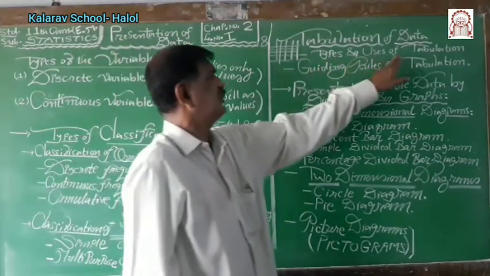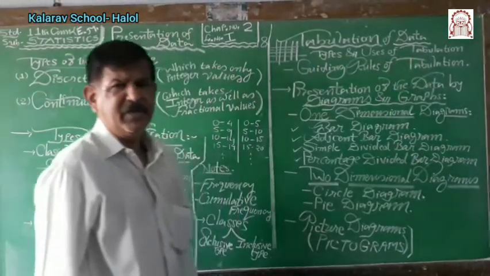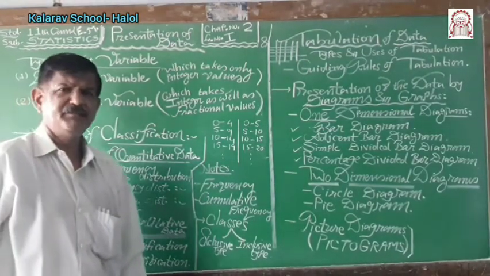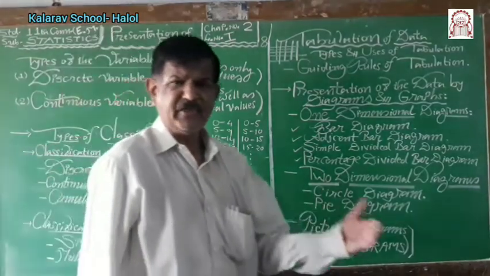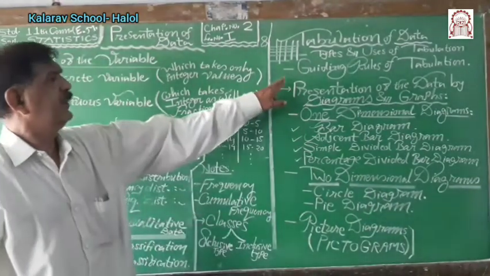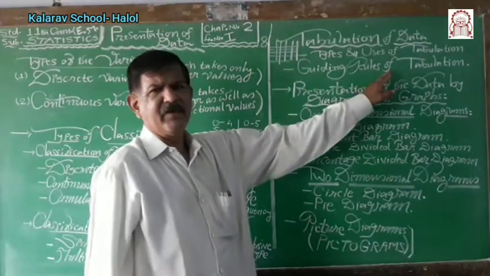Types and uses of tabulation. The main use of tabulation is simplification of the data and better understanding. Guiding rules of tabulation are given in our textbook.